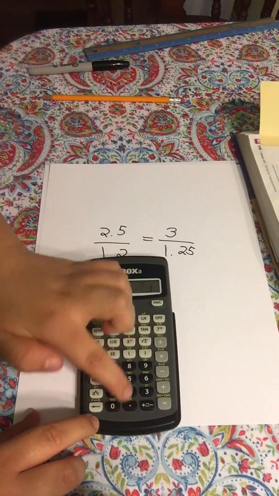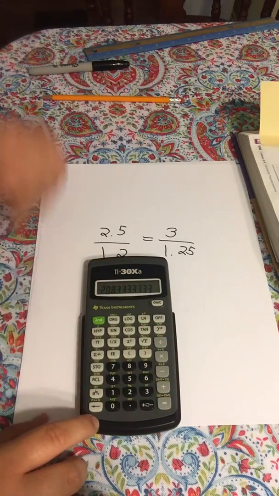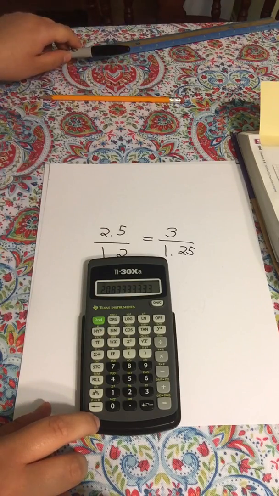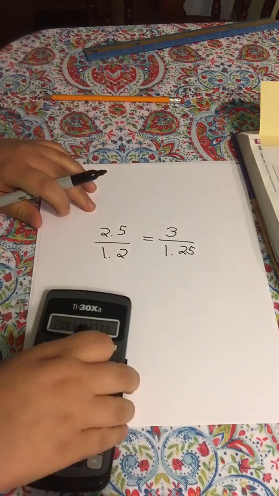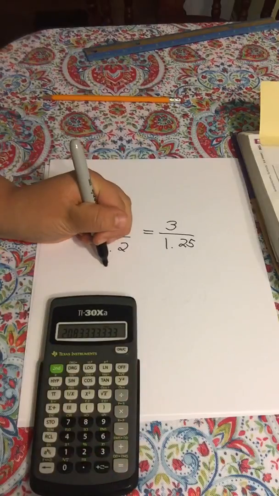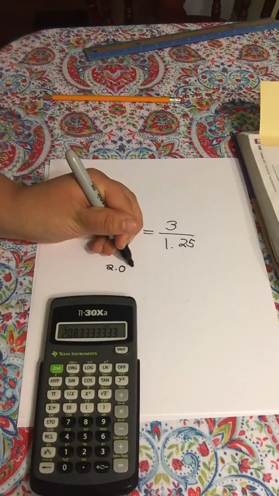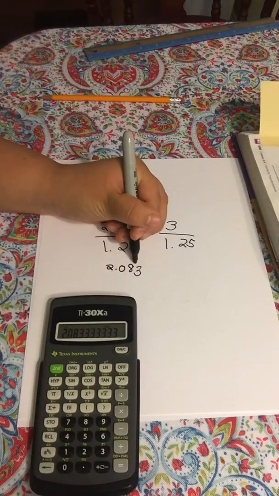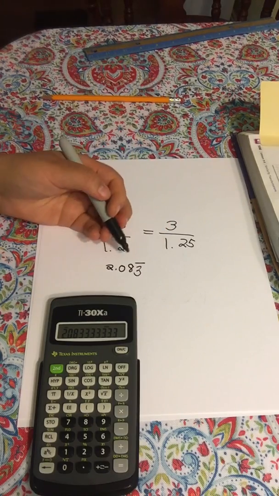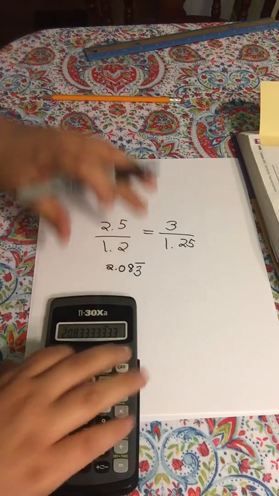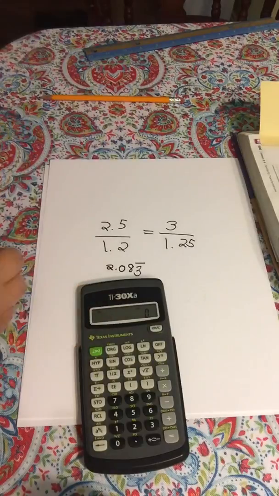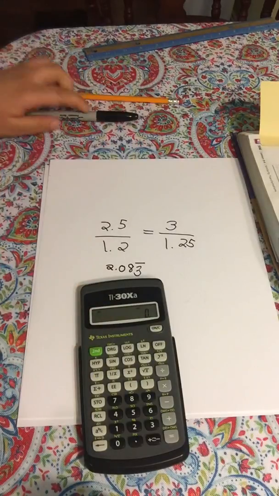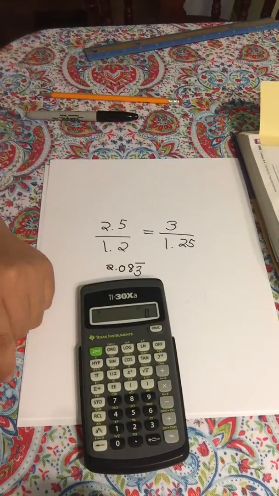So 2.5 divided by 1.2 is equal to 2.083, and I put a hat on it because it's a repeating decimal. Now let's try to find the scale factor for the other corresponding sides.